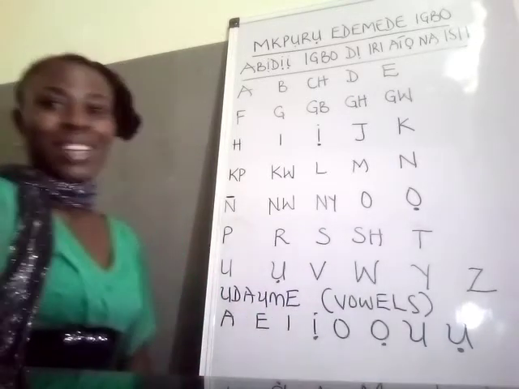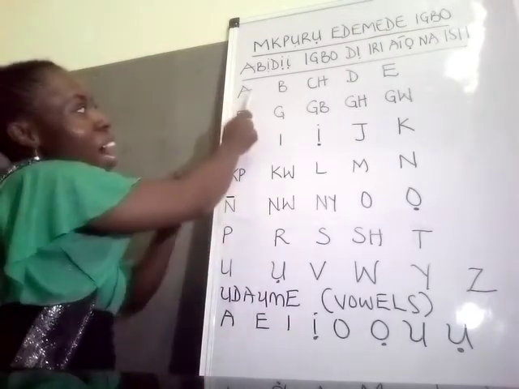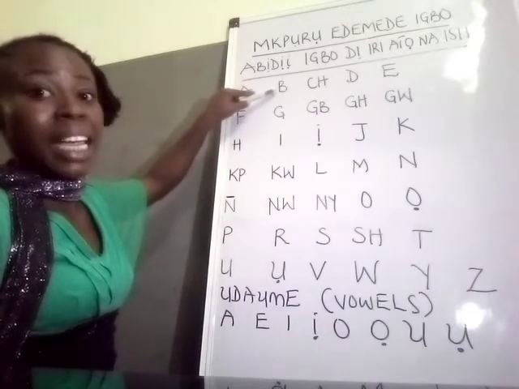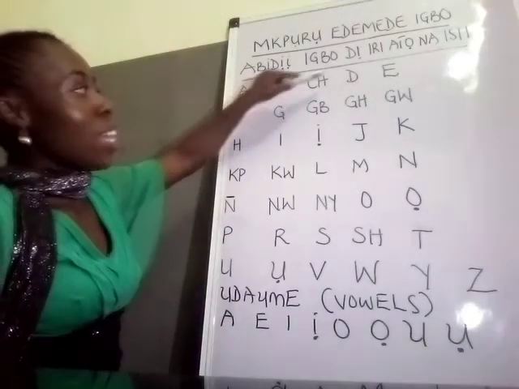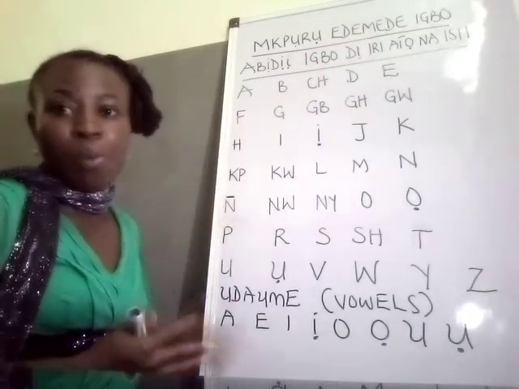You see? Now, let's go again. This is A, B, C, D, E. Do you know one good thing about the Igbo alphabet?